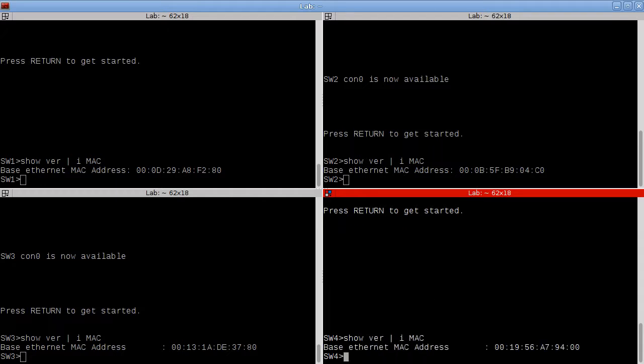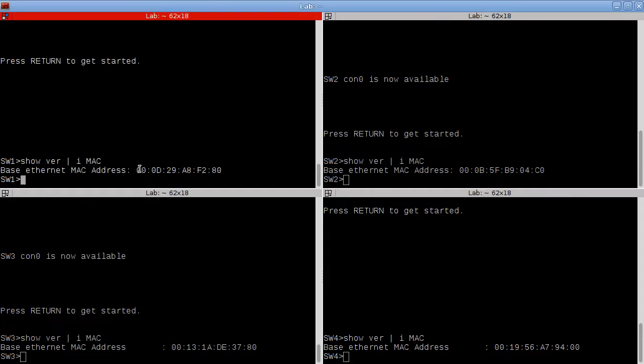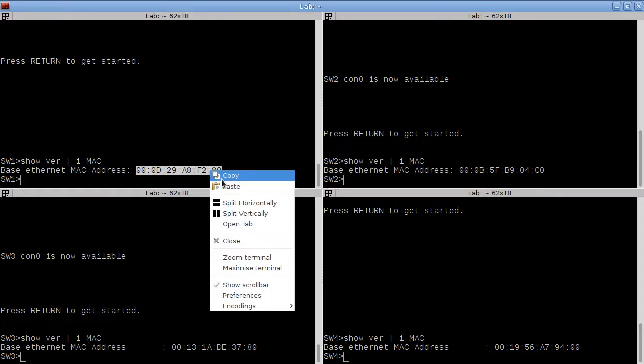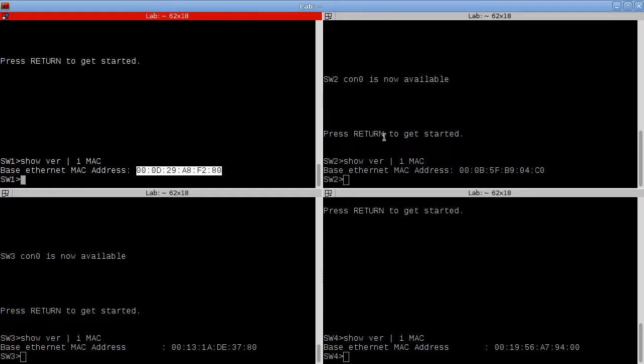Those are all of our MACs, and I'm going to put these in the table over here. The program I use here, so I can easily split one terminal window into multiple parts, is called Terminator. It's a Linux program. I'm not sure if it runs on any other platform, but I like it a lot for running multiple windows like this.